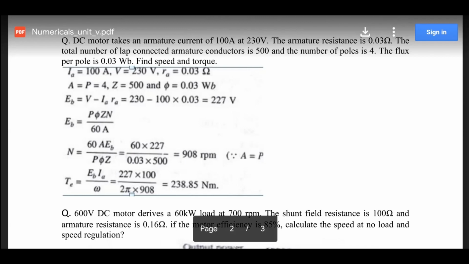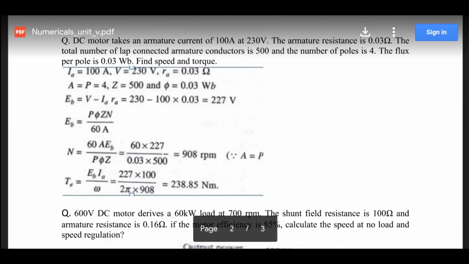Okay, so a DC motor takes the armature current of 100 ampere. Okay, and the armature resistance is given as 0.03 ohms.